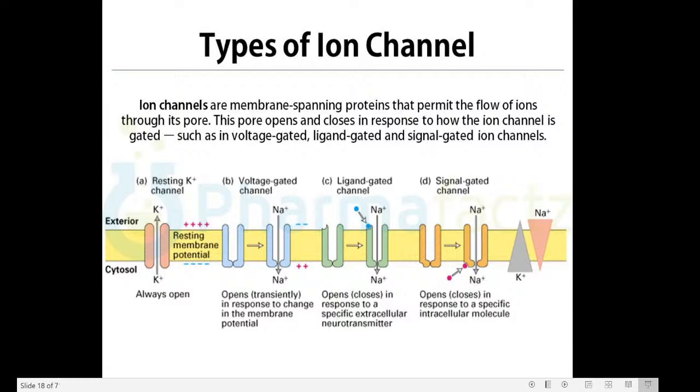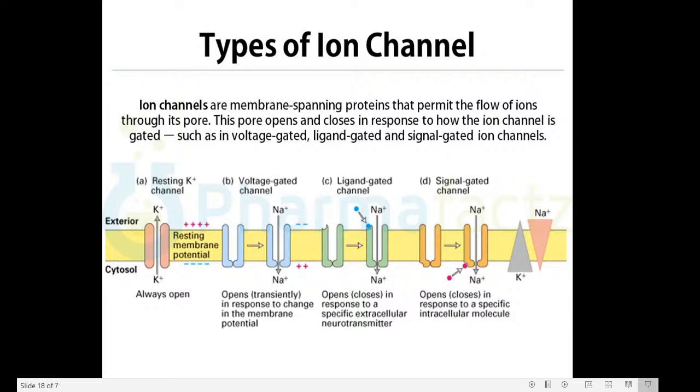Here we have four types of ion channels. Why do we need four types? Various cells have various needs, so depending on those needs, we have different types of ion channels.